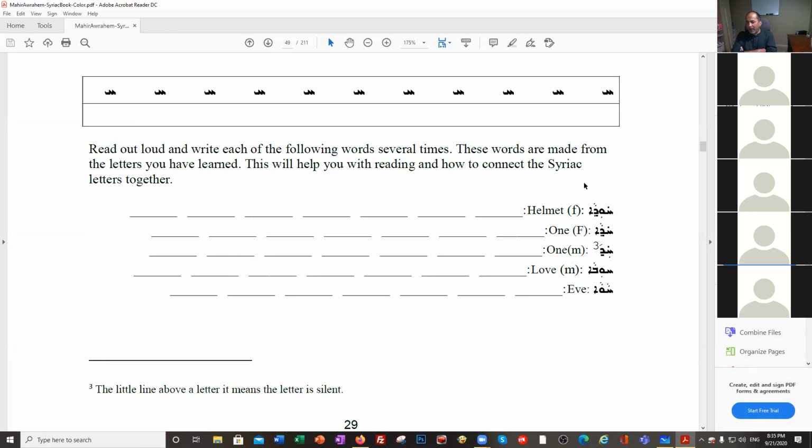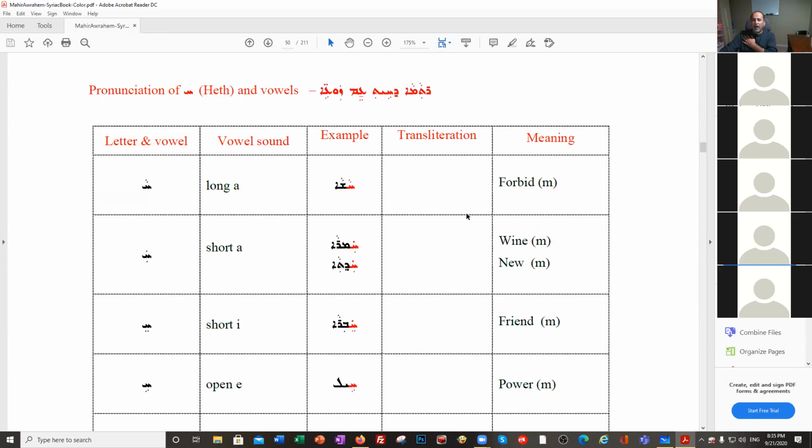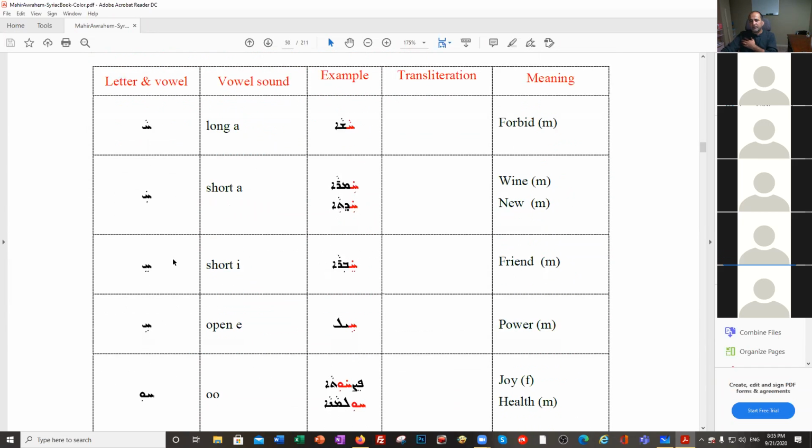Hawa. Hawa. With a vowel, ha. Khamra, kha, khamra.